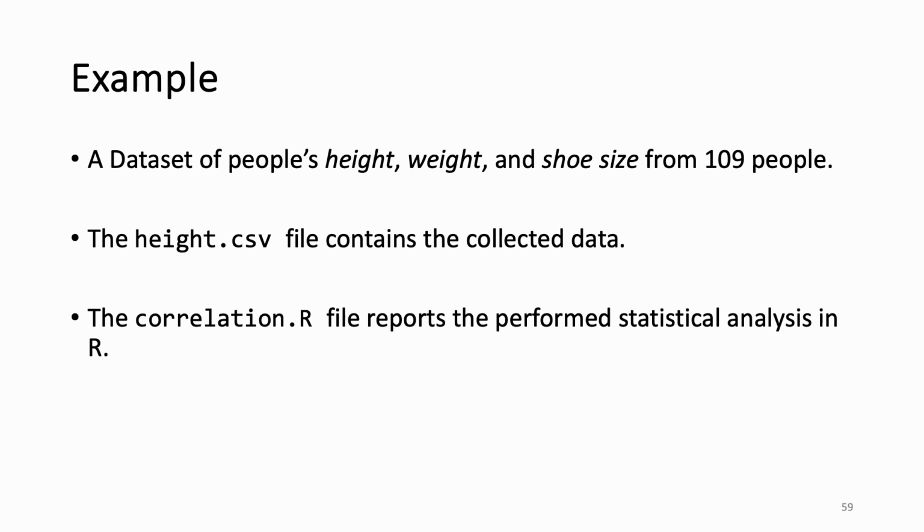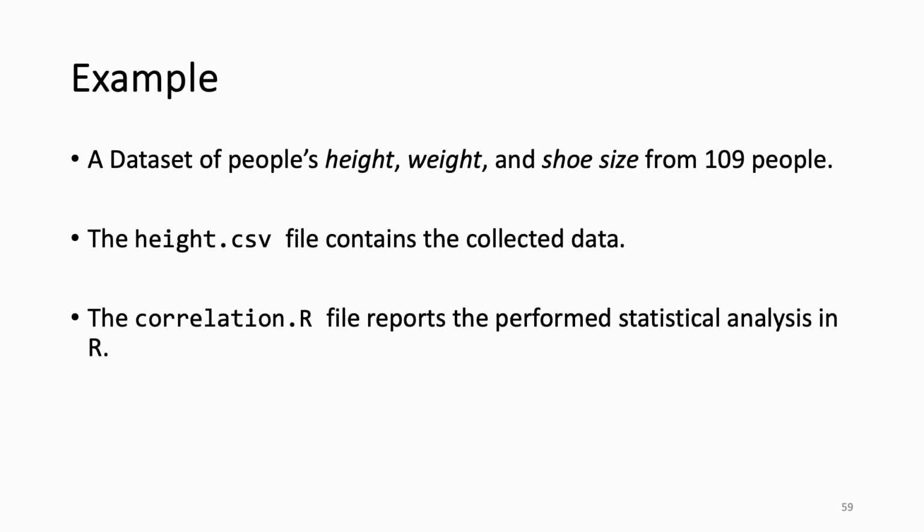Okay, so for the example of the correlation, I have a data set of people's heights, weights, and shoe size from 109 people. And of course, I've prepared the data file, which is called height.csv. So it contains the collected data. And also we have the R code, which is written in the correlation.r file.